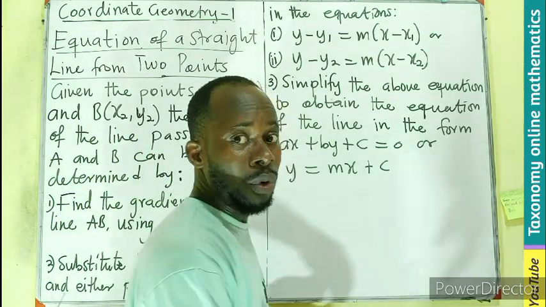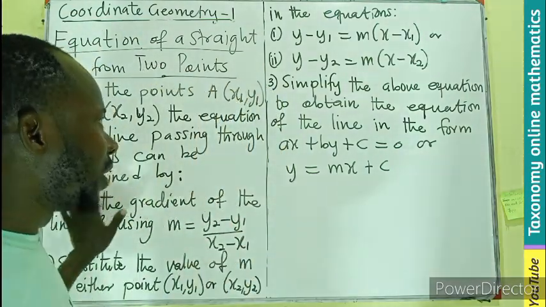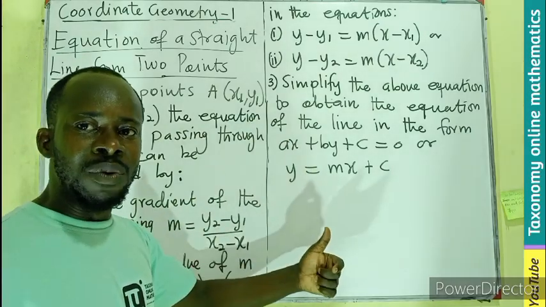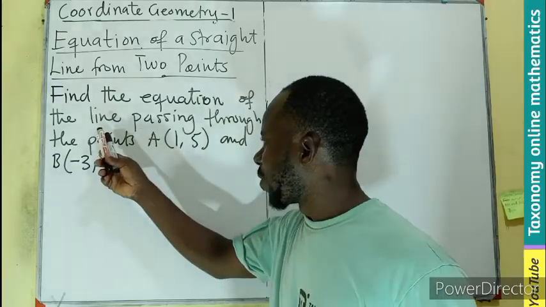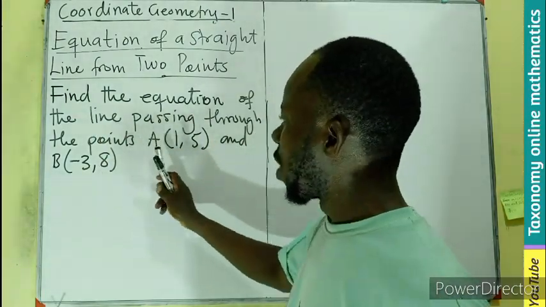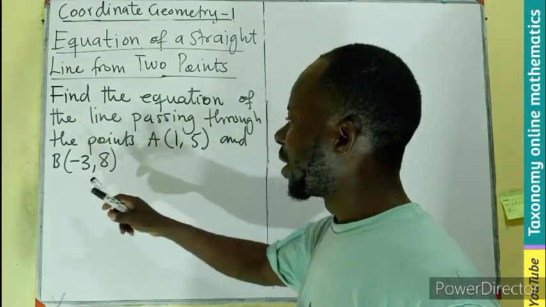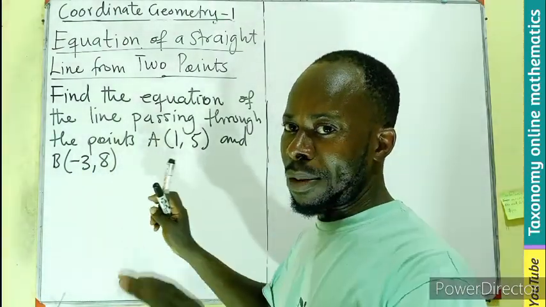Let's take an example to see how we follow these three steps to arrive at the equation of the straight line. We have to find the equation of the line passing through the points A(1, 5) and B(-3, 8). Remember the steps.